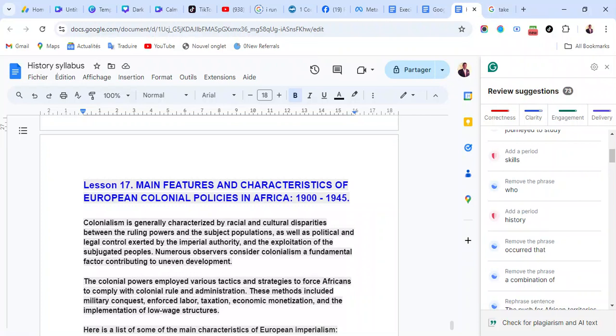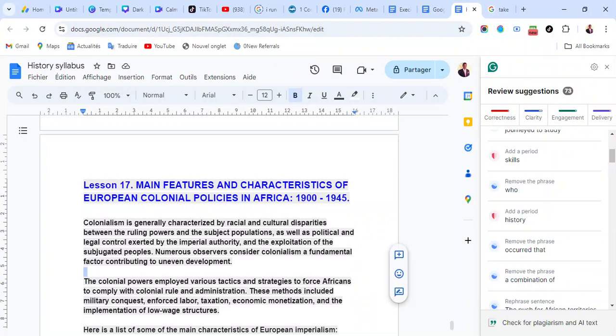Numerous observers consider colonialism a fundamental factor contributing to uneven development. The colonial powers employed various tactics and strategies to force Africans to comply with colonial rule and administration.